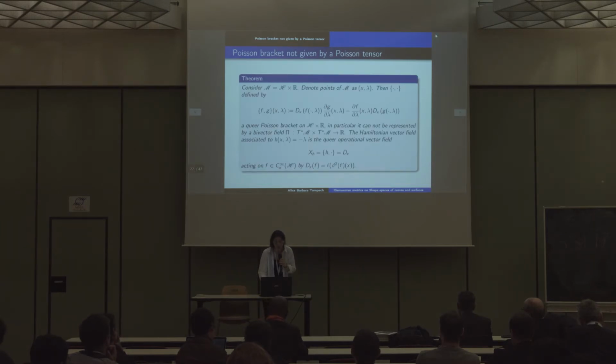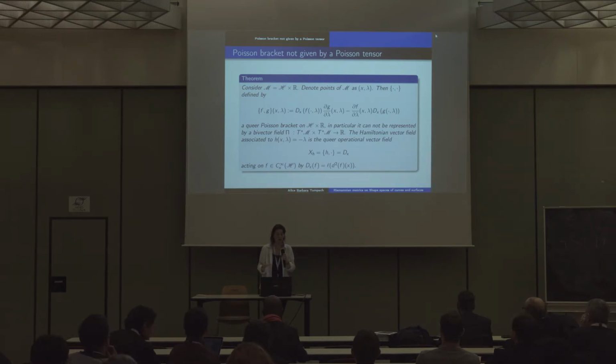Well, then, if you have understood this, you can understand the construction that follows, which is the construction of a Poisson tensor that is not given by a vector field. And so this is just a trick.